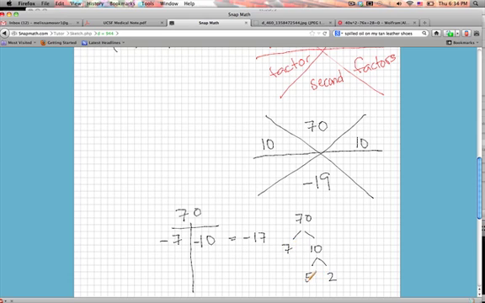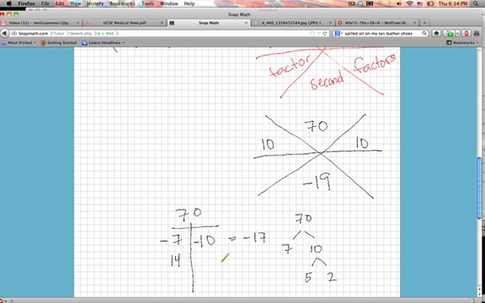Well, we know 5, 7, and 2 multiply to 70. So maybe if we mix it up in a different way. 7 times 2 is 14. Perhaps if we multiply 14 by 5, that will multiply to 70, and maybe it will add to negative 19.